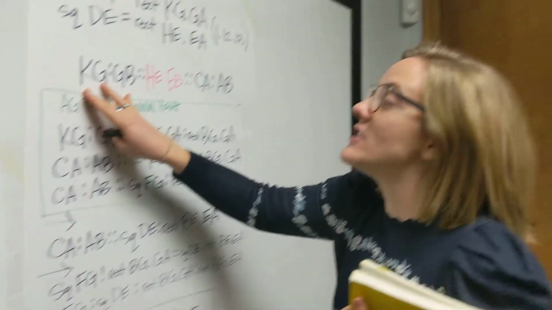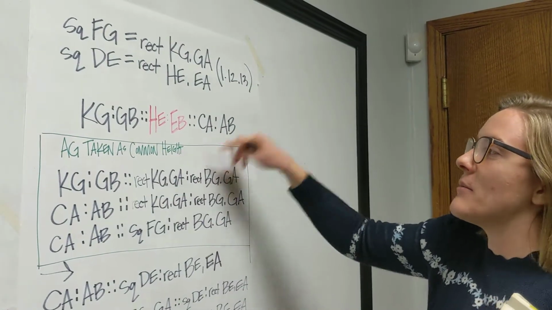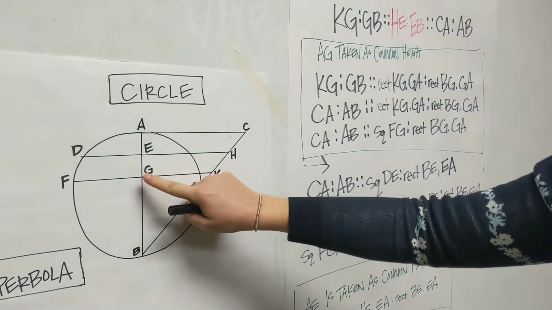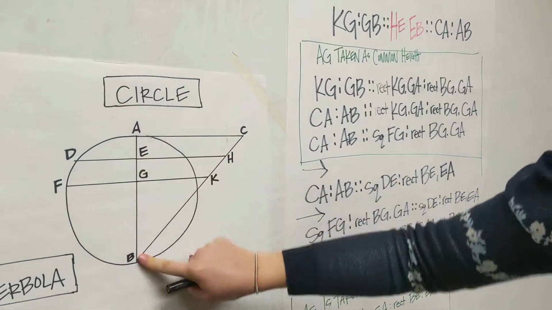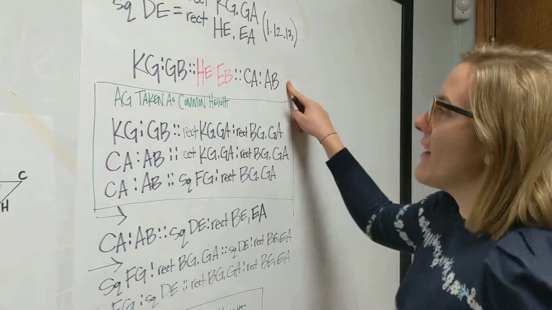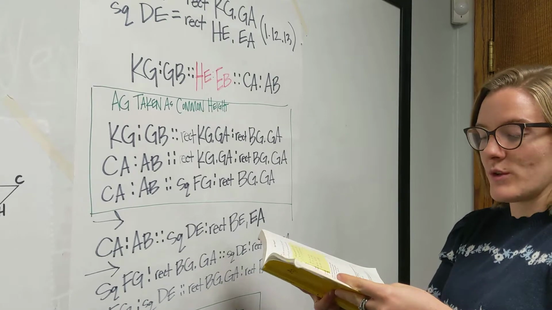So I wrote that KG is to GB as HE is to EB as CA is to AB. And so we can see that here. We can see that those are all similar. So we have this here, and then this is where he kind of goes into his proof.